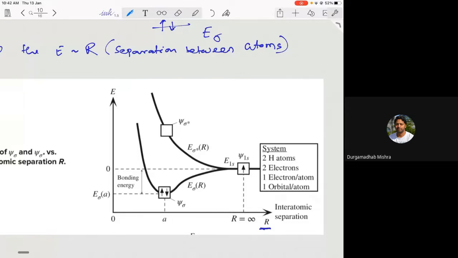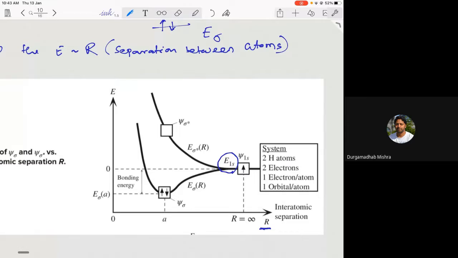We said when R is equal to infinity, both will have the same energy, which is given by E1s. And now when we bring them closer, we will have the formation of two molecular orbitals with different energies.